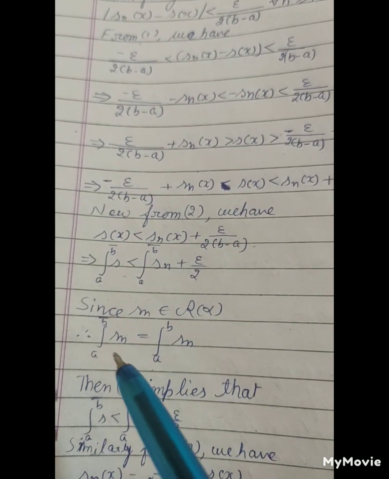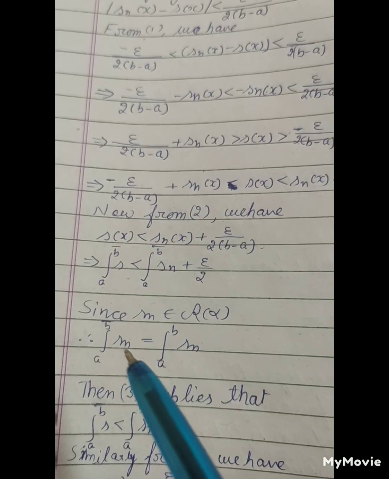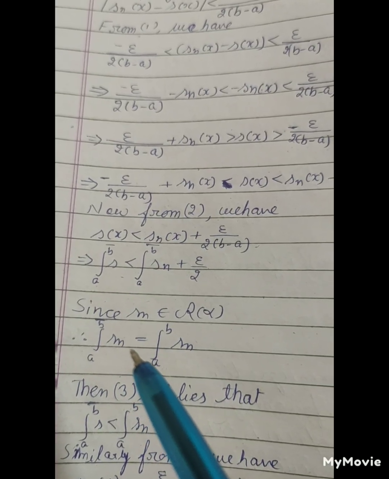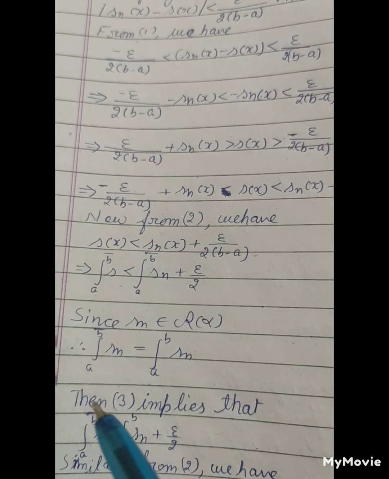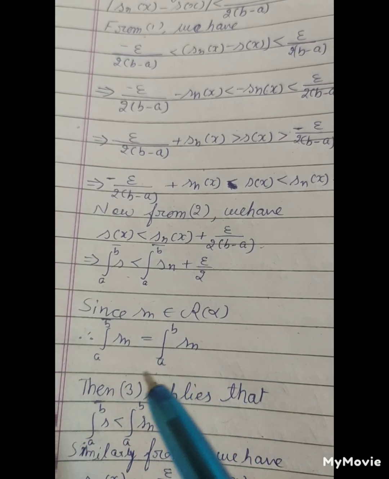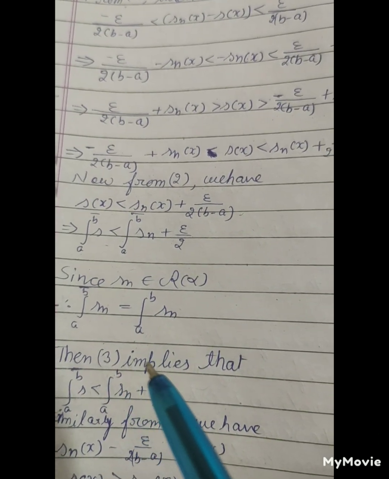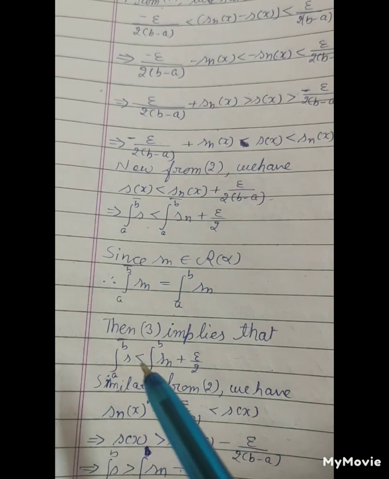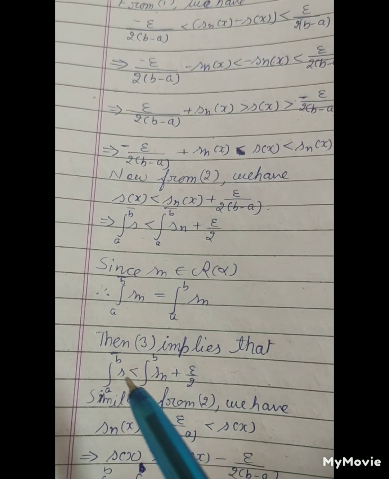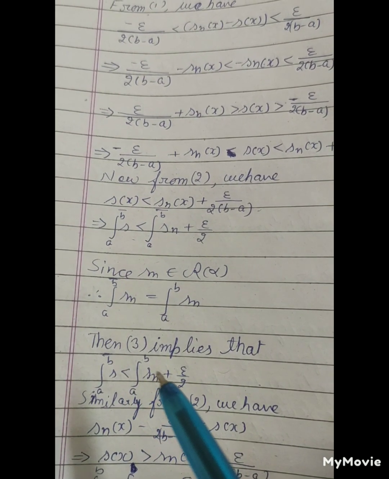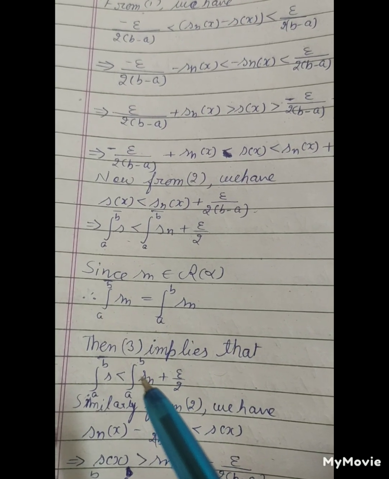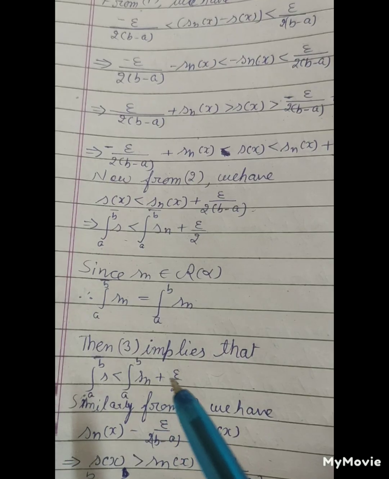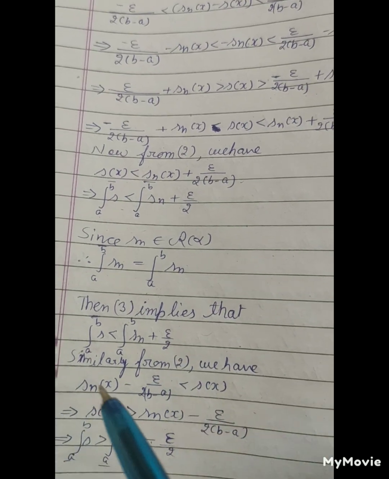Since S_n belongs to R(alpha), the upper Riemann integral of S_n equals the integral a to b of S_n. Then 3 implies that the upper Riemann integral of s is less than the integral a to b of S_n plus epsilon upon 2.